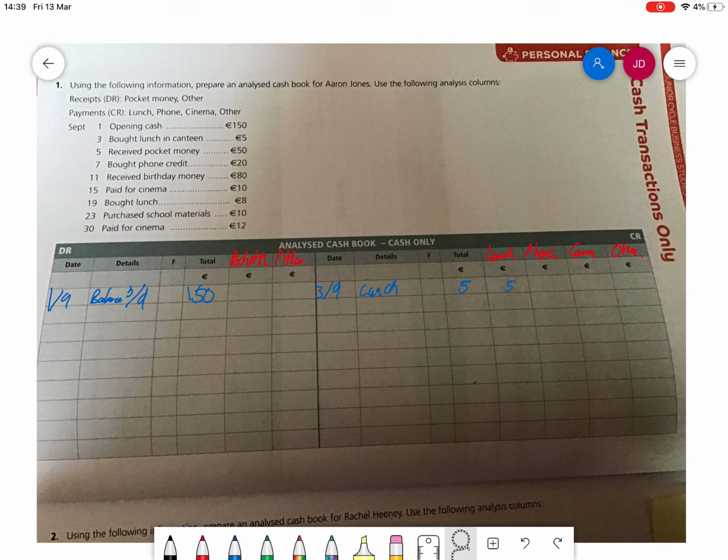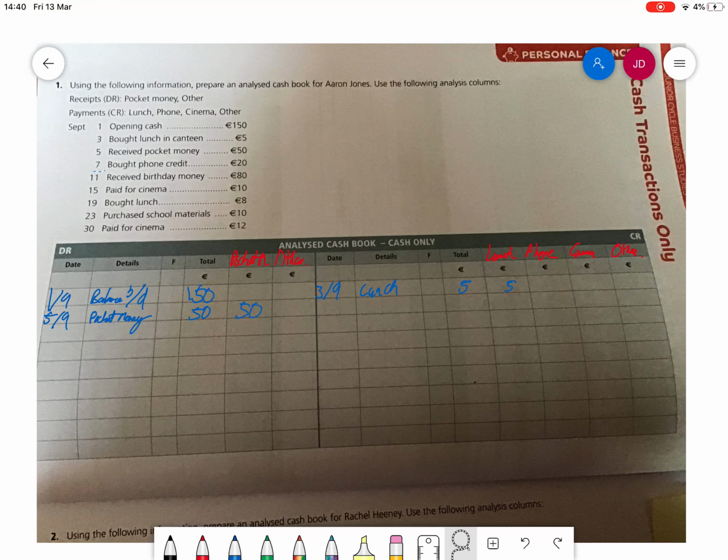Next up, we have received pocket money on the 5th of September for €50. So I go to my left hand side because it's money in, and I put in the date, the 5th of the 9th. I put in pocket money, and I put in my amount of €50. Just a very generous amount of pocket money. And then I put it into my analysed column for pocket money or other. But of course it will be pocket money.